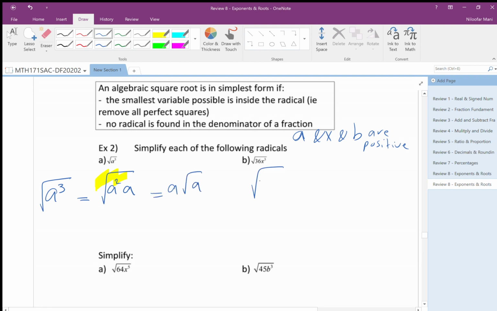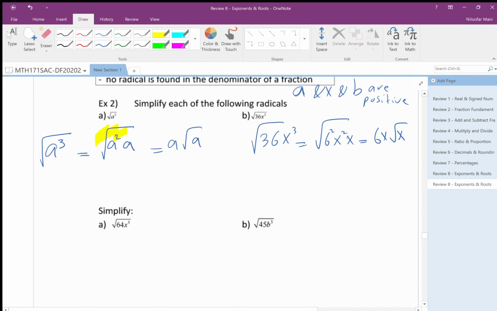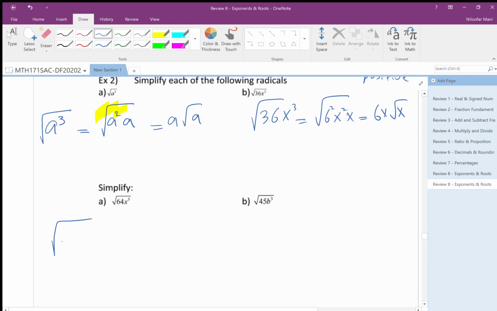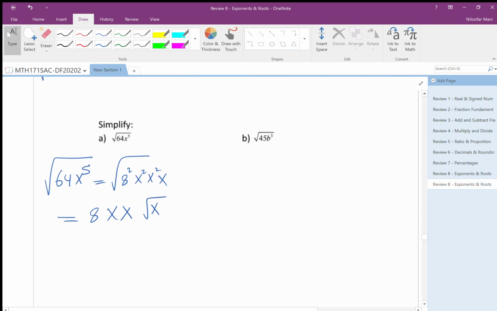How about this? This is 36 x cubed, which is 6 squared times x, which is 6x radical x. That's 8 squared. Okay, I have to mention what the question is first, and then 8 squared x squared times x, which is 8x squared radical x.